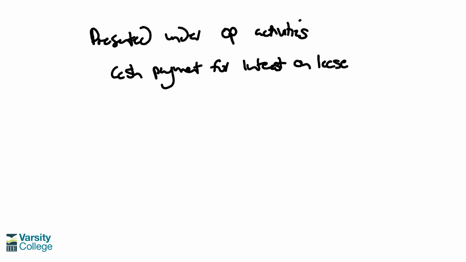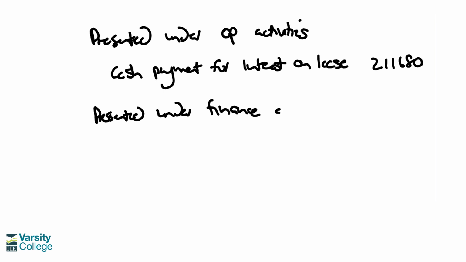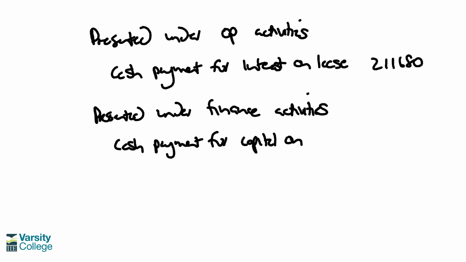From your amortization table, last year's interest, 211,680, and presented under financing activities, and that is the cash payment for the capital on the lease. And you can either use your amort table for that, or you can just do it as the balancing figure. It doesn't make any difference because you know what the total was, 208,320, and so the total came to 420,000.